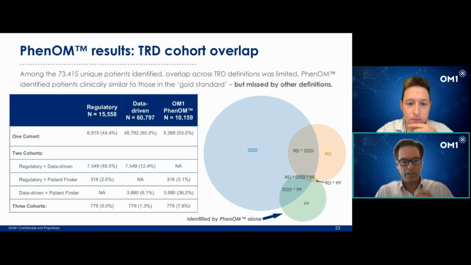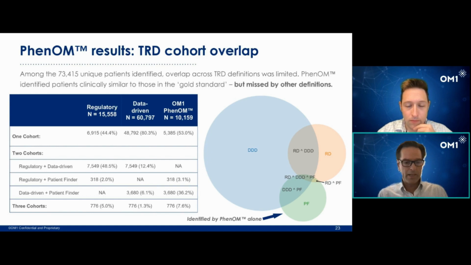And as we talked about it on the panel, thinking about why, we kind of concluded that one of the drivers was time, right? The use of time in these definitions is actually quite different. So for the data-driven definition, we constrained it to 1 year, which means these are patients who are getting a lot of different medications very quickly, and it may be a very different population.